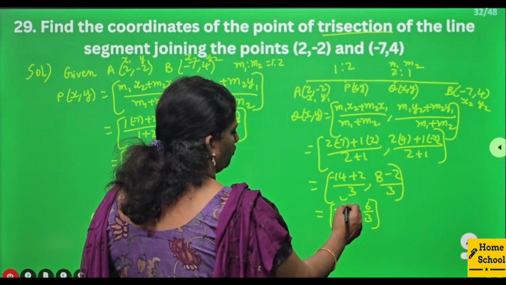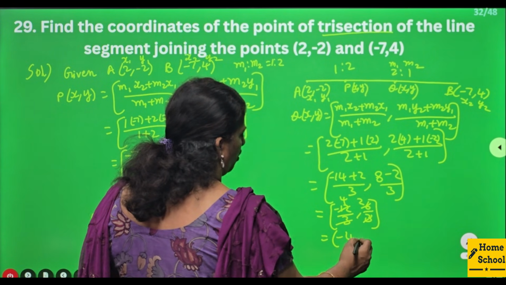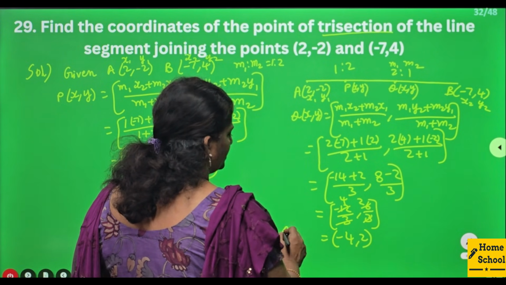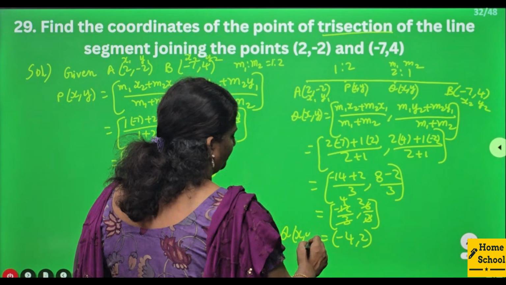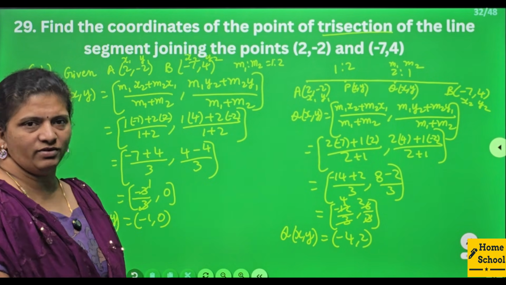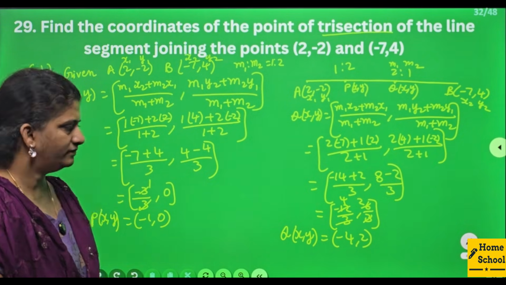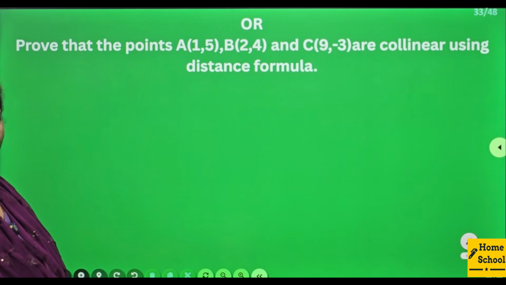Cancel. 3 4s are, 3 2s are. Therefore, your Q coordinate is (-4, 2). Yes? Two times we applied the section formula with different m1 to m2 ratios. Is this clear?